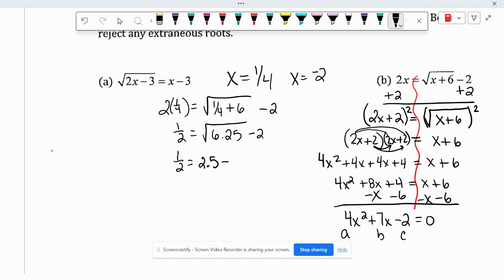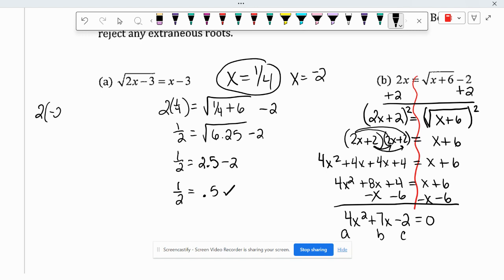Yeah, 2.5. What is 2.5 minus 2? It's 0.5. Is 1/2 and 0.5 the same thing? Basically, totally. Yes. So this one works. This is good.